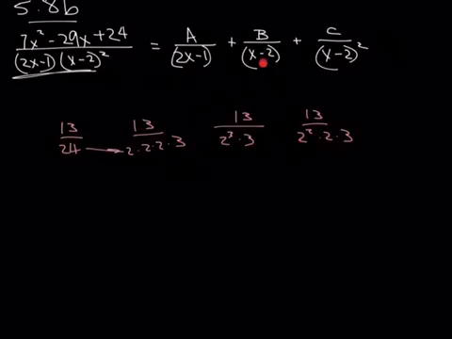I'm just showing you that we have to write down the possible ways you could add these to get this here. It's a bunch of different ways you can factor 24, so we have to take those into account.